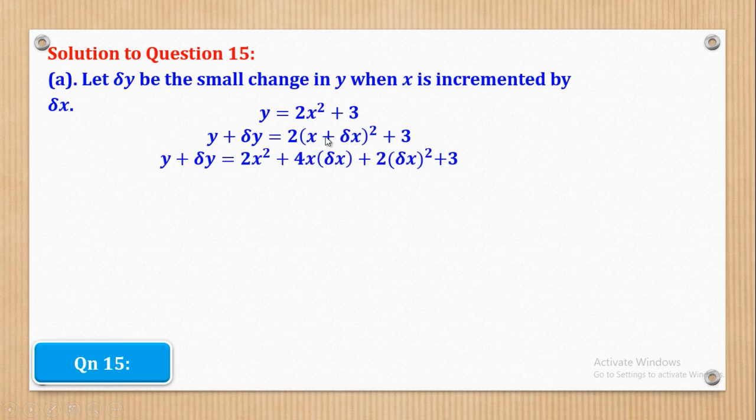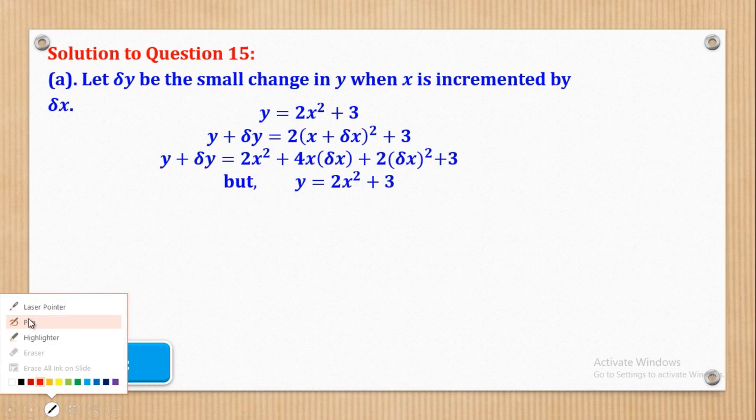When I expand this part, I'll come up with 2x squared plus 4x multiplied by small change in x plus 2 multiplied by small change in x squared plus 3. Now, remember that y is equal to 2x squared plus 3. So what does that mean?